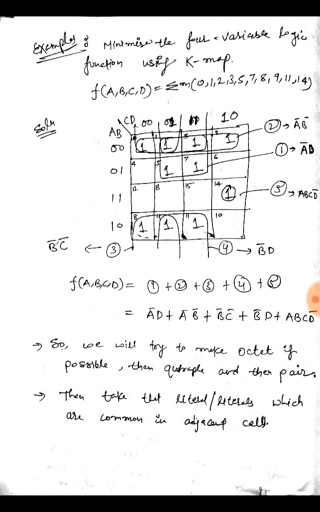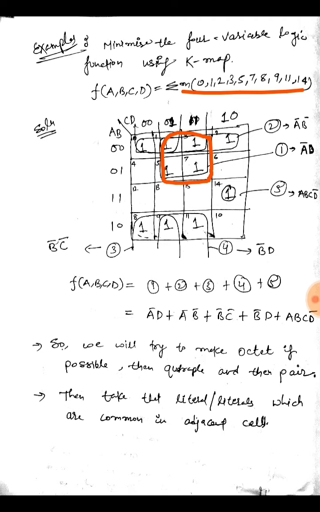Okay, so now to simplify it, I will make pairs of adjacent cells if possible, or if a quadruple is possible, or an octet is possible.